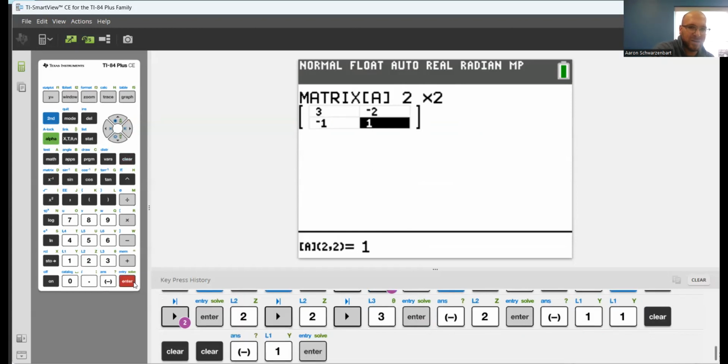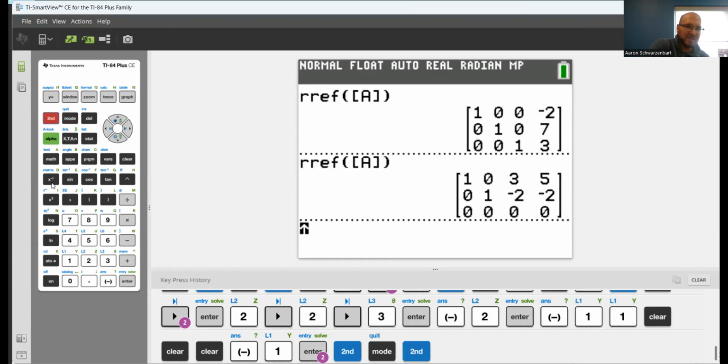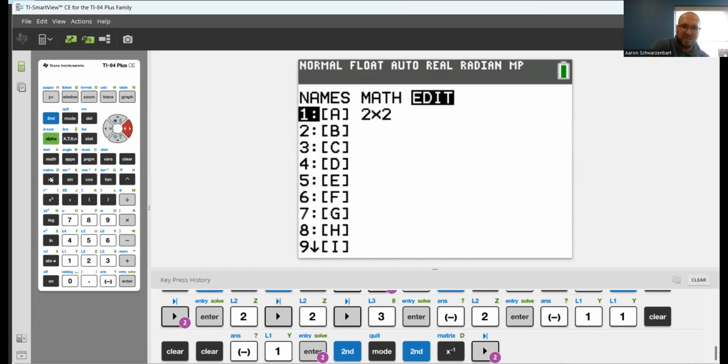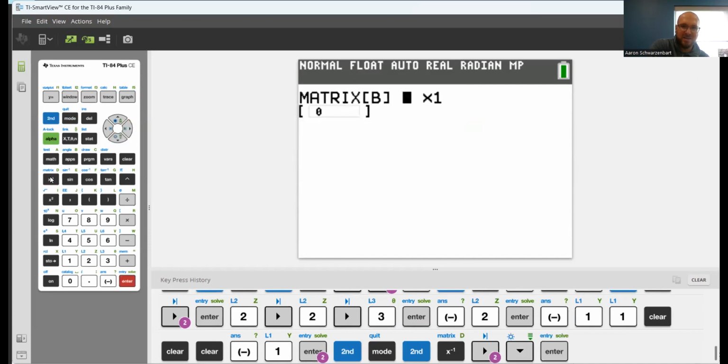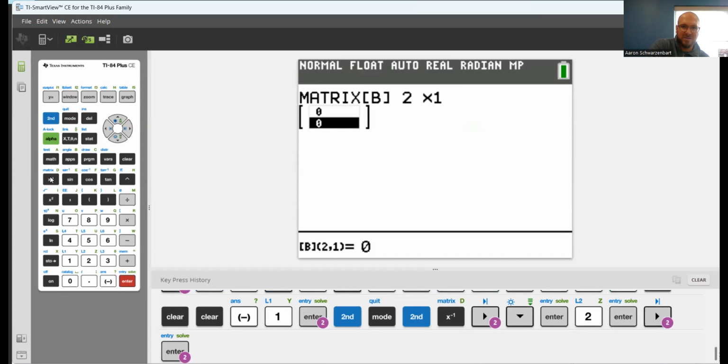Okay, 1. And now we're going to do the same thing. I'm going to quit matrix and edit matrix B. And that's going to be a 2 by 1. And that is the solutions matrix, 0, 5. And I'll quit.